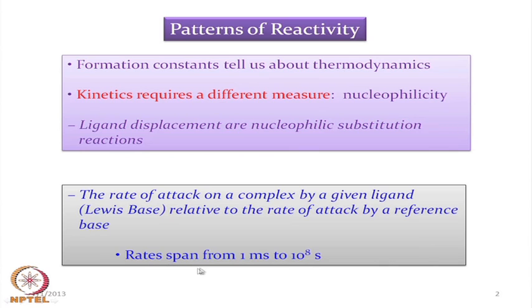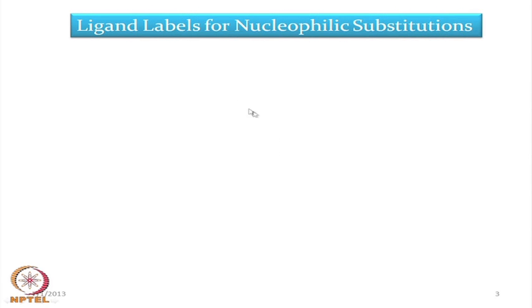The different rates can span from 1 millisecond to 10 to the power 8 seconds, from the lower range to the higher range. In this particular window we can measure the reactivity pattern, that means the rate of formation of the product and its dissociation by some mechanism. So, this gives us the ligand types we can have, and these ligands we can use for nucleophilic substitution reactions.